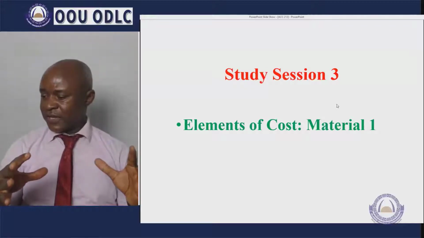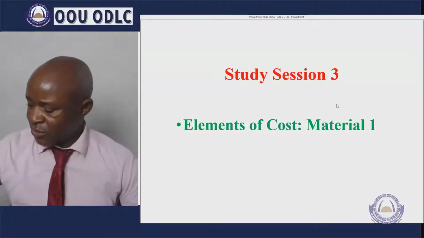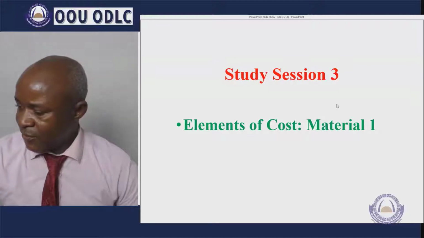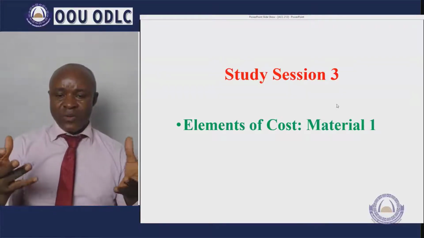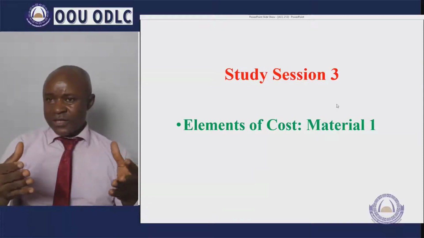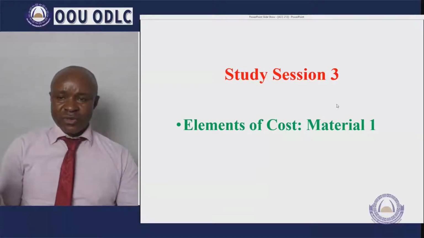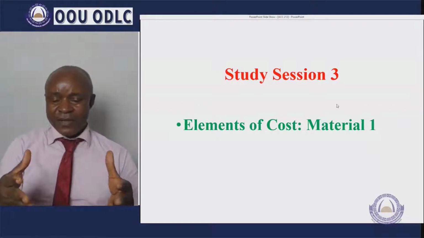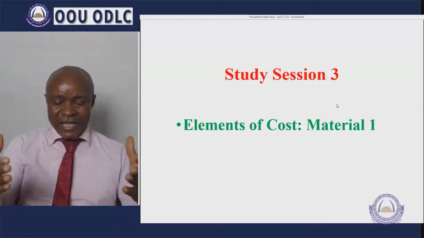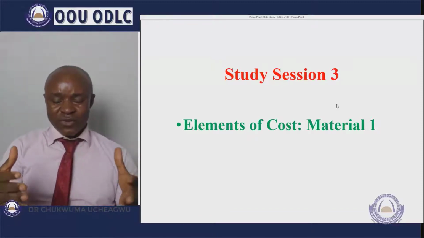We also studied cost codification, which involves the use of codes to ease the classification. We said in session 2 that mere cost classification will not yield the desired result if the elements of cost are not codified.